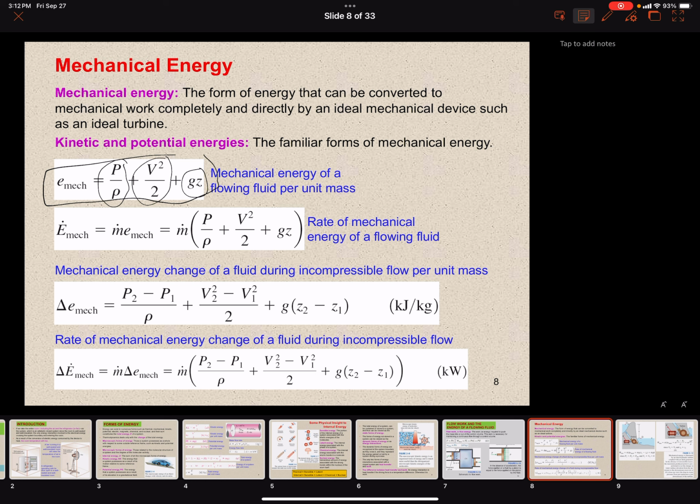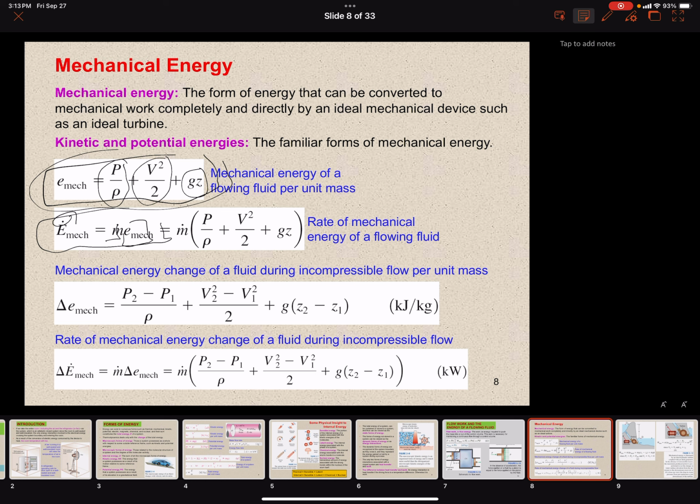As in the previous slide, when you add a dot, it's called the rate, so it's with respect to time. So it will be the rate of the mechanical energy of a flowing fluid, which is the mass flow rate, with m dot, times E, the mechanical energy, which is this form. This is the equation for the rate of mechanical energy of a flowing fluid.